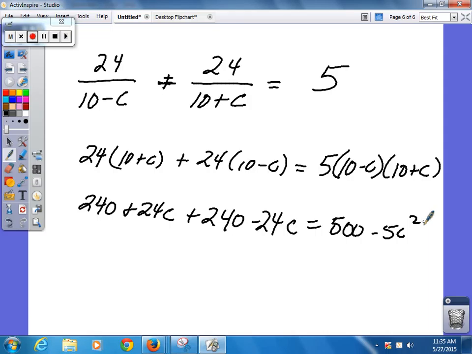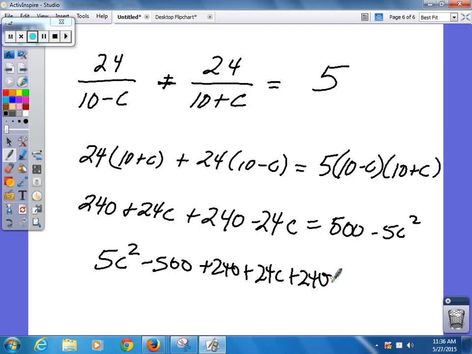What's wrong with that negative 5C squared? What do you want to do with that? We'll bring it over here. So 5C squared minus 500 plus 240 plus 24C plus 240 minus 24C is equal to 0. And what happens to the 24C?